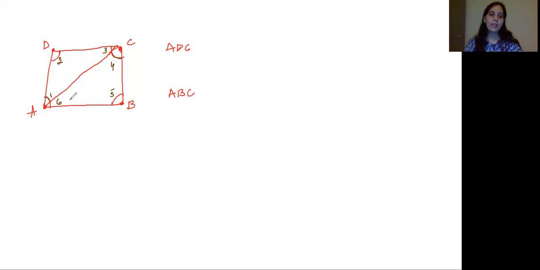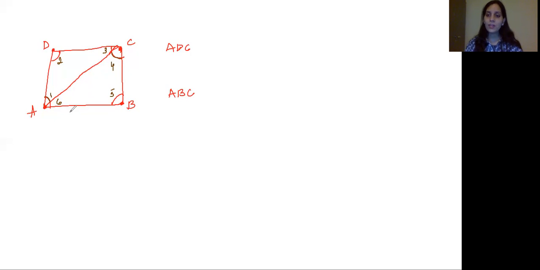All right. Now, here we are going to prove the angle sum property of a quadrilateral. So now when I consider triangle ADC, as we have already seen from the visualization point of view, the sum of all the angles in a triangle is 180.